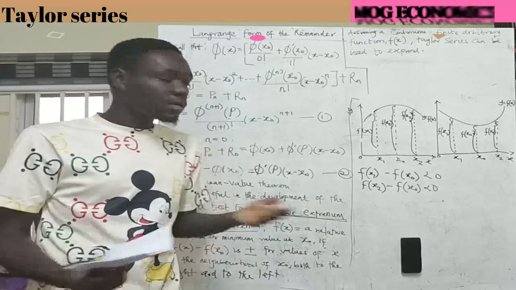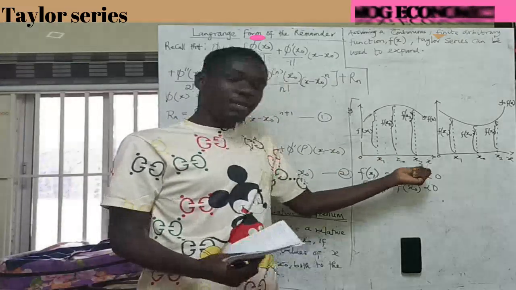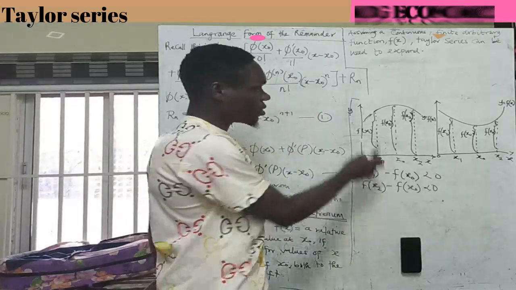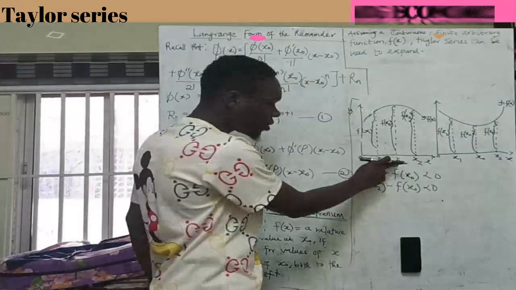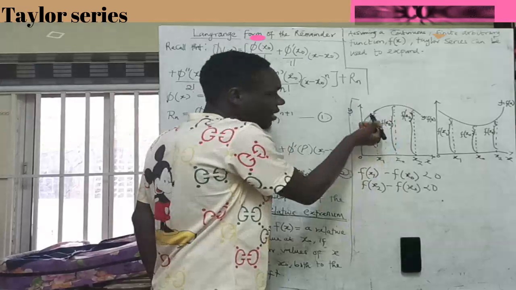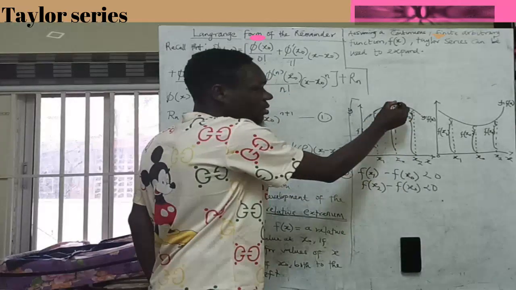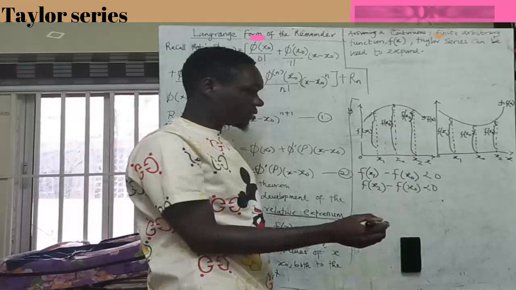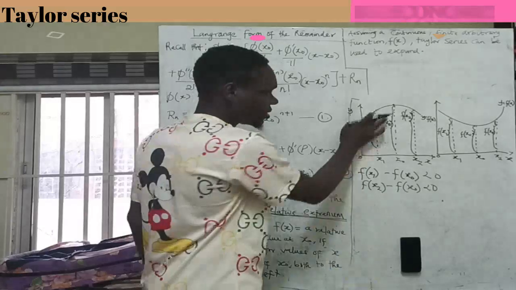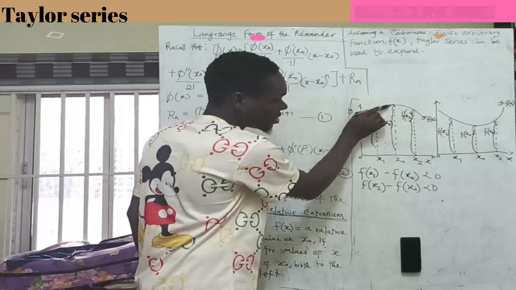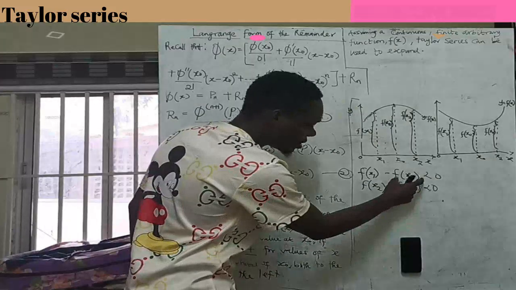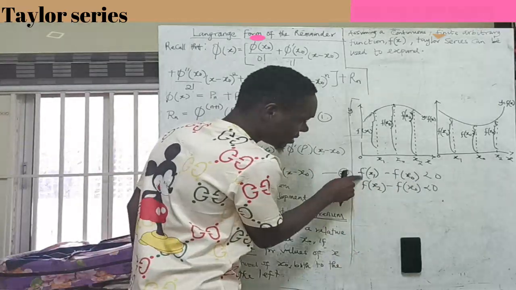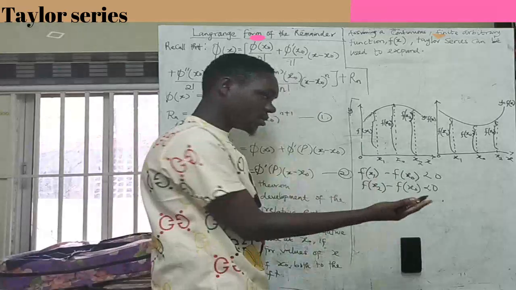The reason this is less than 0 is this: looking at this curve, the point x naught that we identified is bigger than these two other identified points. Moving to the left, this is higher than this, meaning the function evaluated at this point is bigger than this, and this greater than this will mean negative.